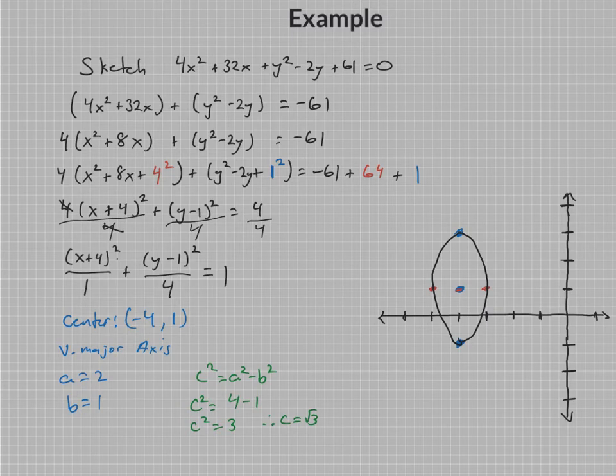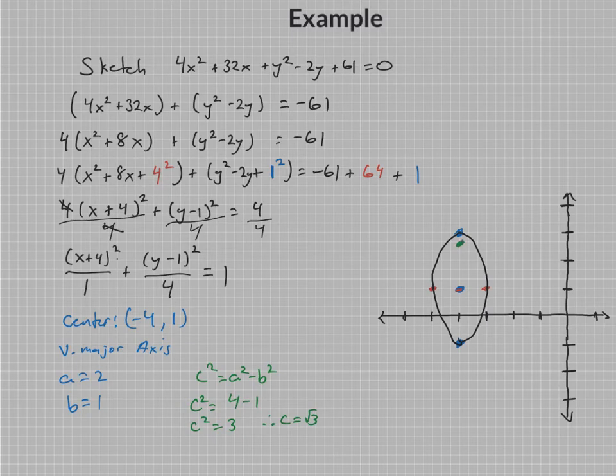The only other thing I would need to do is place each focus. I know the focus is going to be about 1.7 units away. So if I go about 1.7 from the center at 1, I'll be up at 2.7. Let's just say it's right about here.